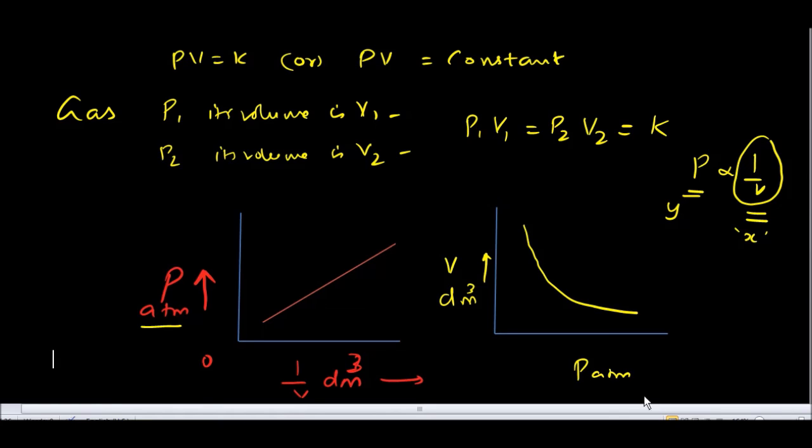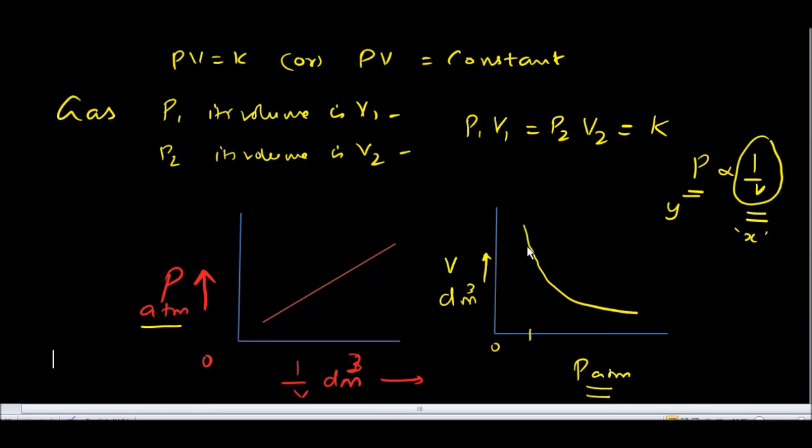Similarly, instead of plotting like this, when you take the PV diagram, the pressure is taken in the x-axis and volume in the y-axis. When the pressure is lesser, say 0 or 1 atmosphere or lesser than that, the volume might be greater.